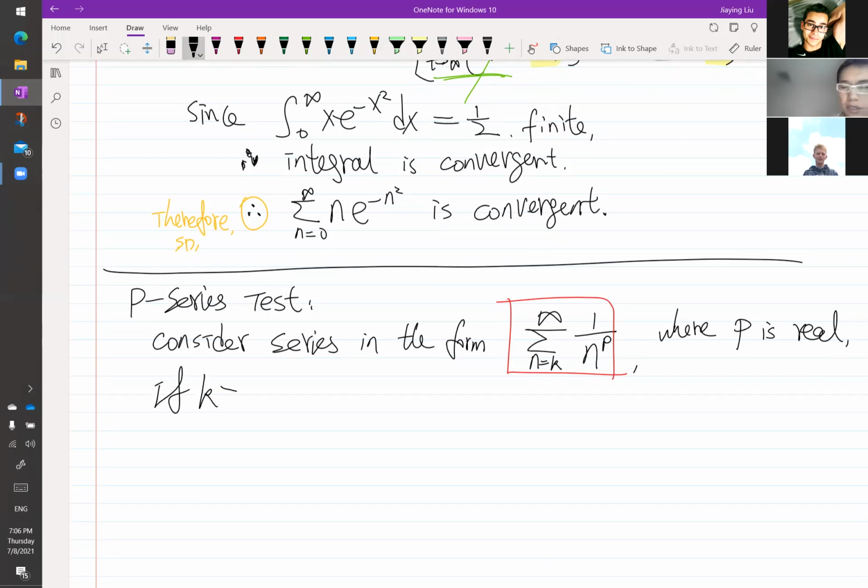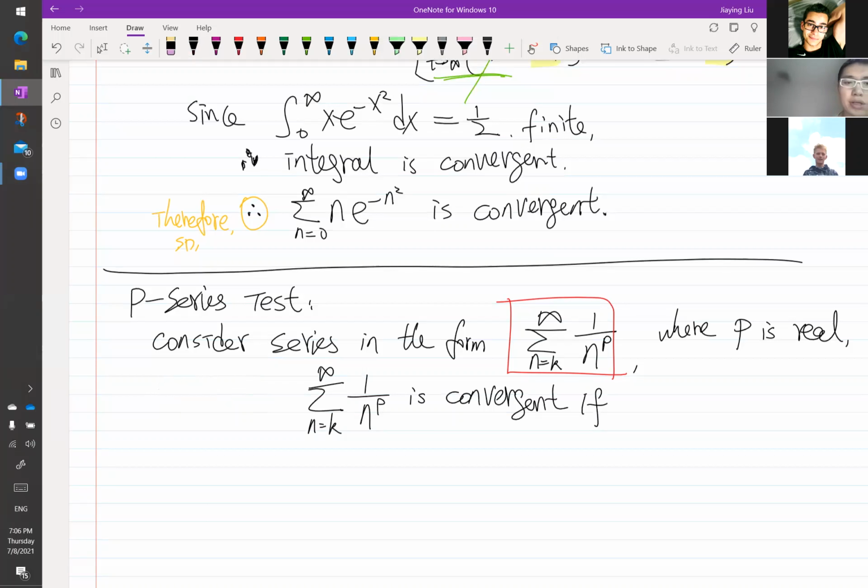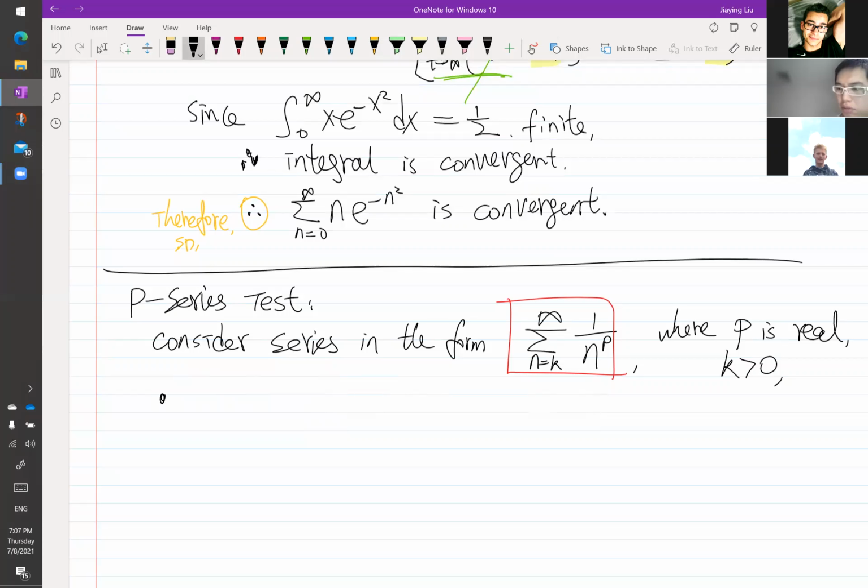If K is greater than 0, the series with n going from K to infinity of 1 over n to the P is convergent if... I probably should write that P is real and K is positive. So let me rewrite this.